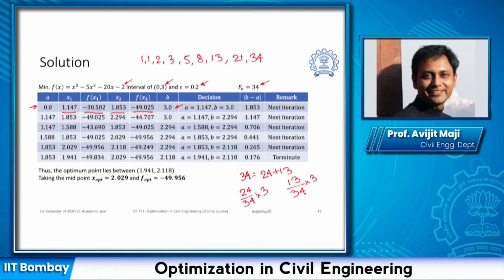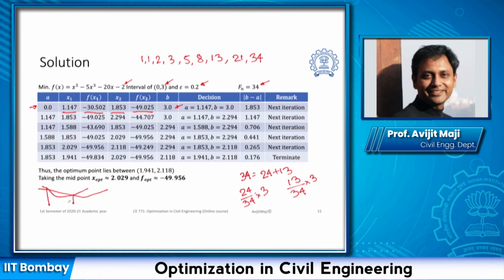Now we can see that the objective function value is lesser at the point x2 compared to the point x1. So if we are looking into the objective function value at the second point, you know that the objective function value is lesser here, we can say that my minimum point is either going to lie here or it may lie here. It may have only these two conditions in case of a unimodal function.